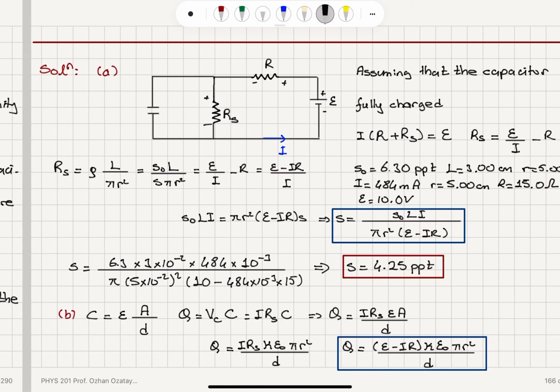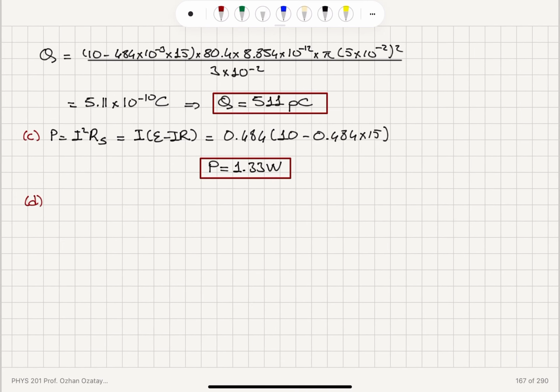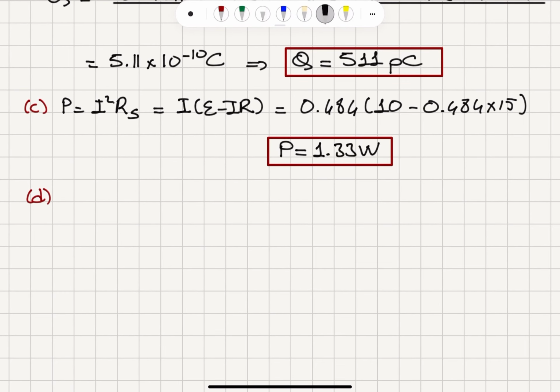Now part D, for what salinity level would the 15 ohm resistor dissipate half the power supplied by the battery? Okay, so this is referring to a well-known theorem, the maximum power transmission theorem.